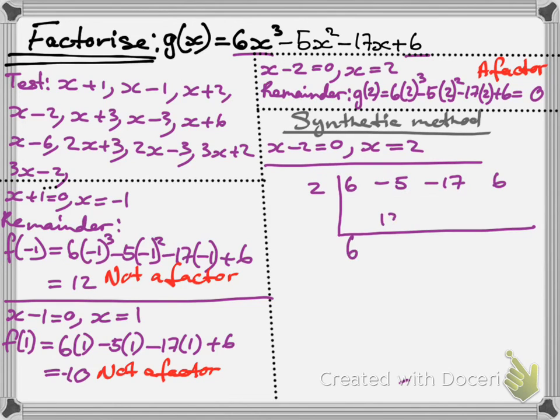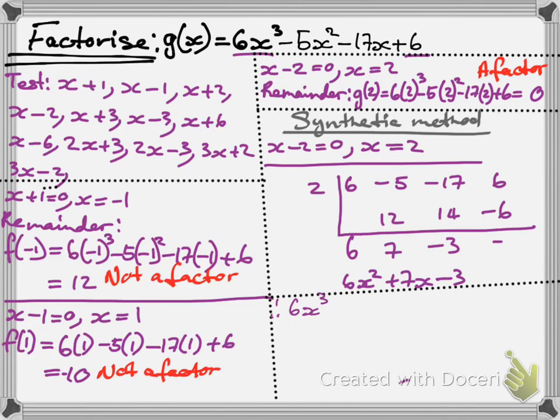I take the coefficients. I find the other factor, which is 6x squared plus 7x minus 3. And then I can say my 6x cubed minus 5x squared minus 17x plus 6 will be equal to x minus 2 times 6x squared plus 7x minus 3.